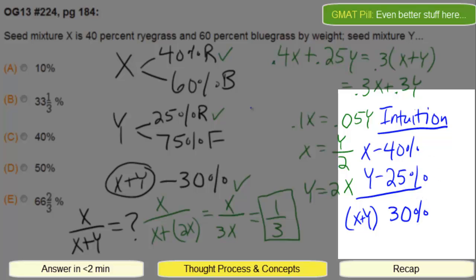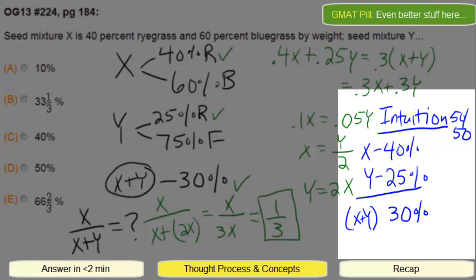Now, imagine if you had a 50-50 split between X and Y. If you had 100% X and 0% Y, you would have a mixture that has 40%. If you had 100% Y and 0% X, you would have a mixture of 25%. We're told that the mixture is 30%, so it's got to be somewhere in between.